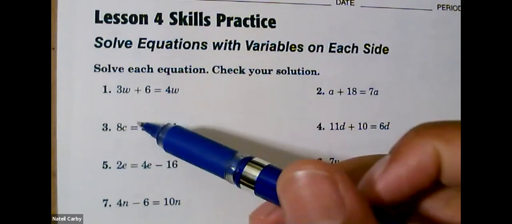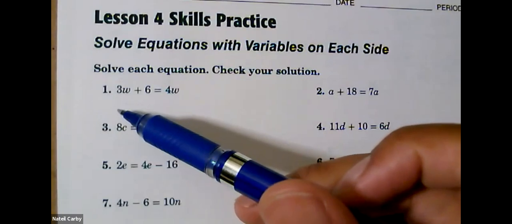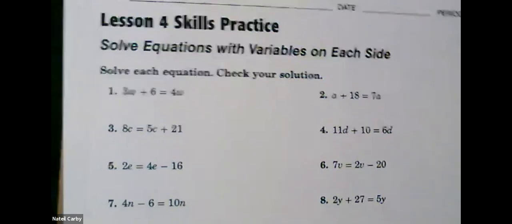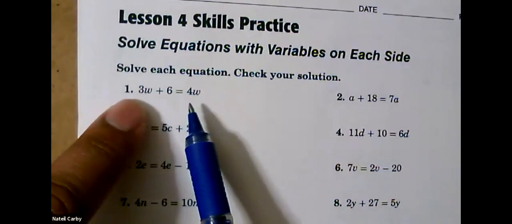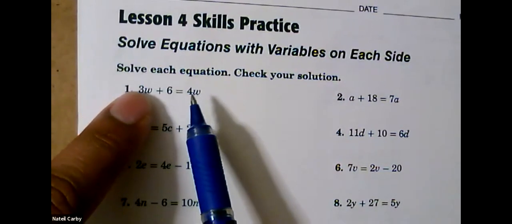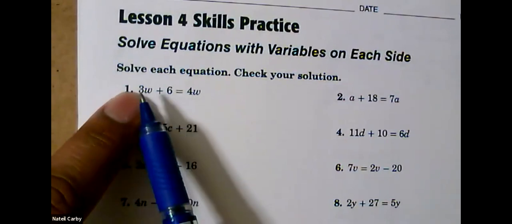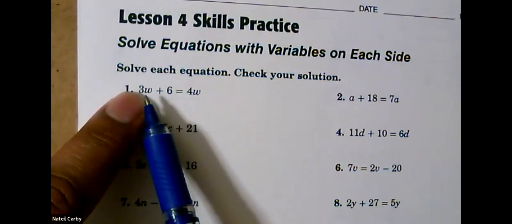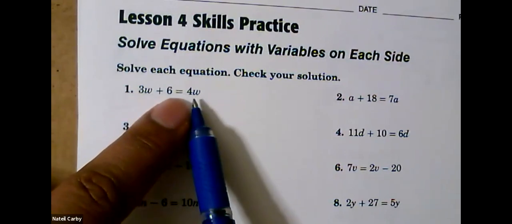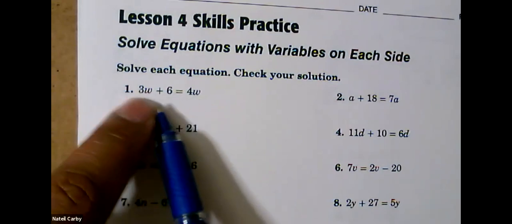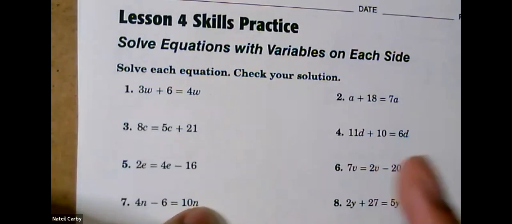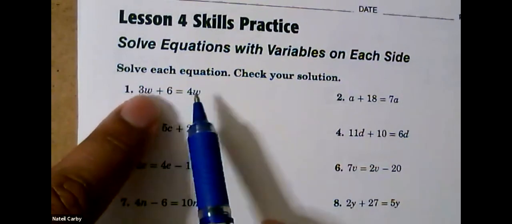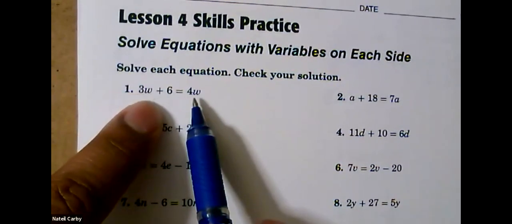Okay, here we go. So number 1. A good premise is you want to move the smaller variable to the side with the bigger one. It makes your work a lot easier when you do it like that. You see I got W's on both sides.